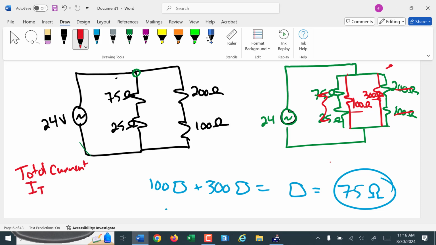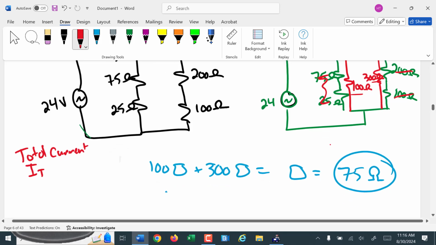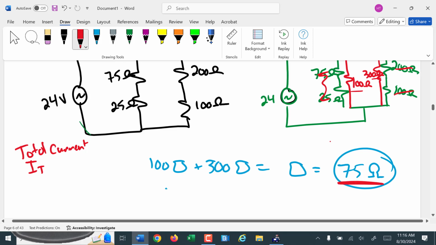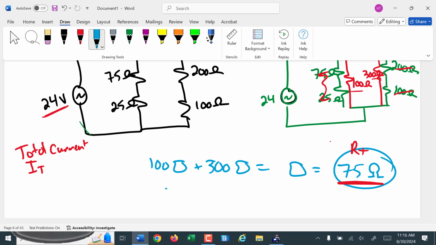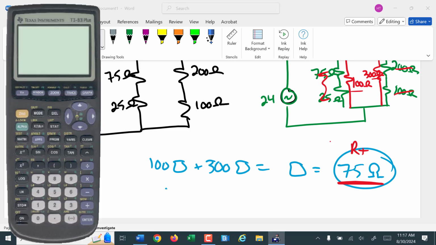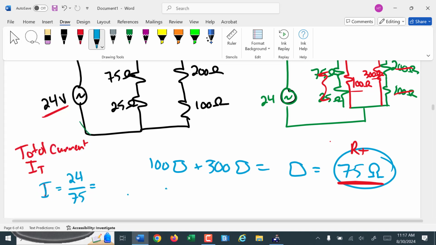So in this circuit, since we have it up, let's find total current, I total, IT. The total current is found using Ohm's law. We have the total resistance here. We have the total voltage.